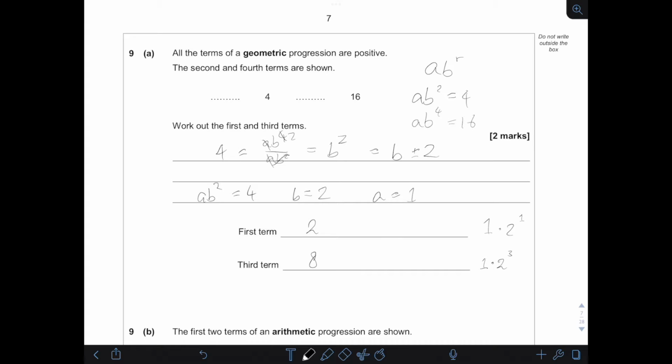So in theory, you can say minus 2 and minus 8 as a valid answer, but I'm not sure how the exam board would want to mark this really. I suppose you're just going to have to deal with poorly structured questions. If I made this question, instead of giving a fourth term, I would give the third term or something like that.